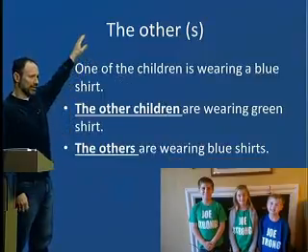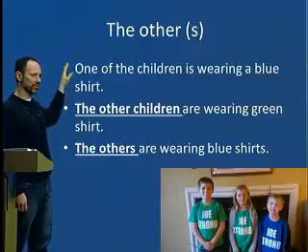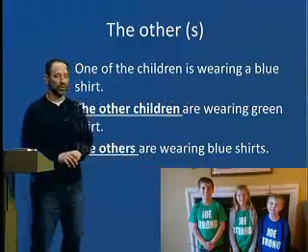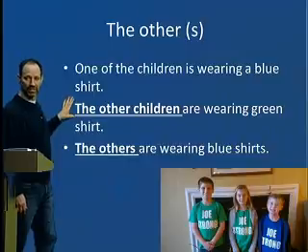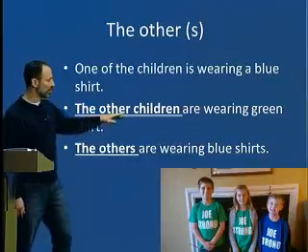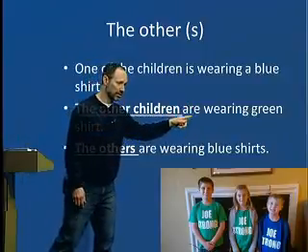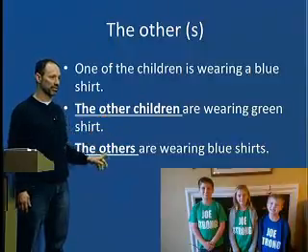The other could also be plural. So one of the children is wearing a blue shirt. There's our blue shirt. I have a total of 3 children. The other children are wearing green shirts. Here I have the other plus a plural noun, and then I'll have the plural verb. And that means the rest of the group are wearing green shirts.